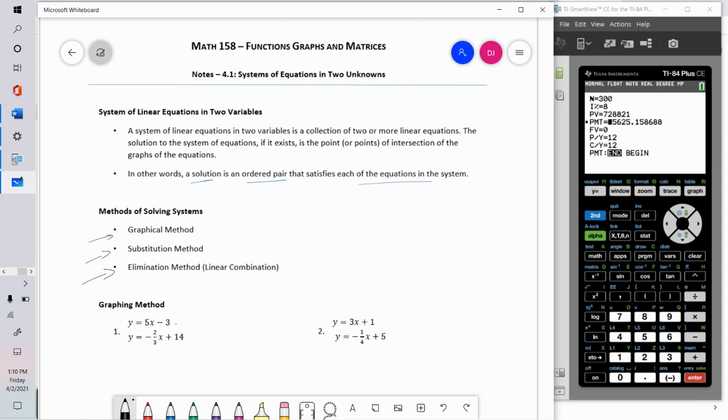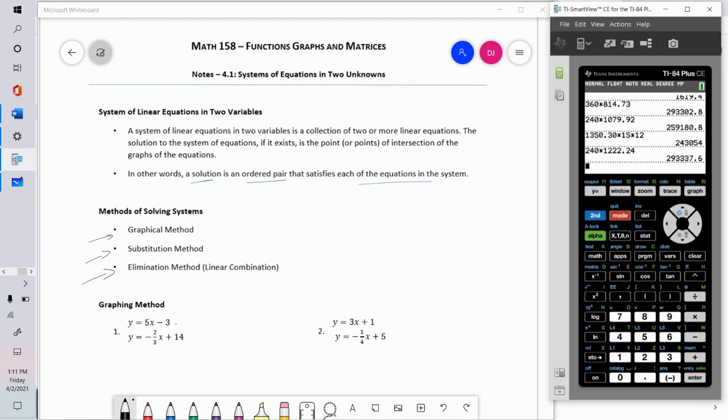In the graphical method, you solve the system by graphing the equations. In the substitution method, you solve the system by substitution. And in the elimination method, you eliminate one of the variables by combining the two linear equations, which is why that is sometimes called combination, sometimes elimination, sometimes linear combination.